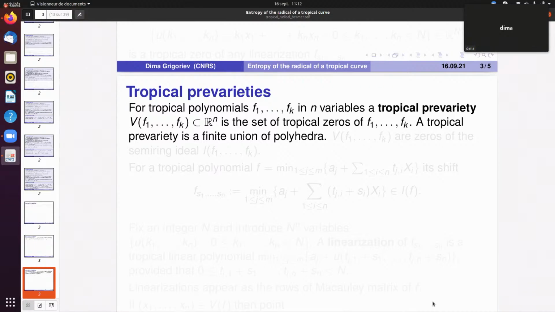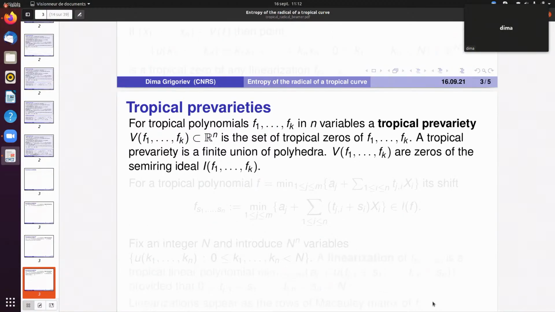Polyhedra means that they can be unbounded. And we denote the tropical variety as the zeros of A. Also, one can view this as the zeros of the semiring ideal I, generated by f1 to fk.